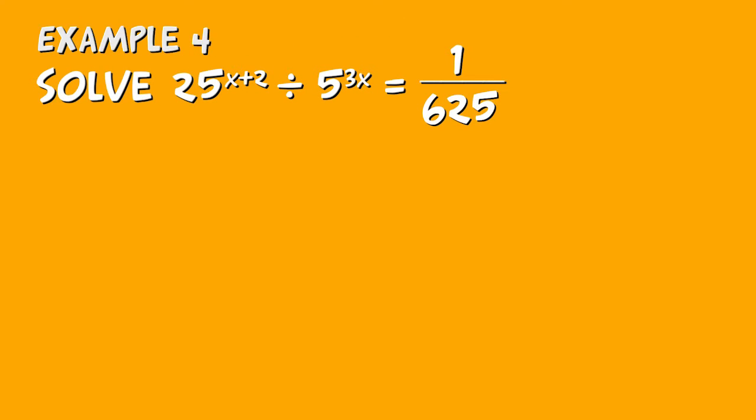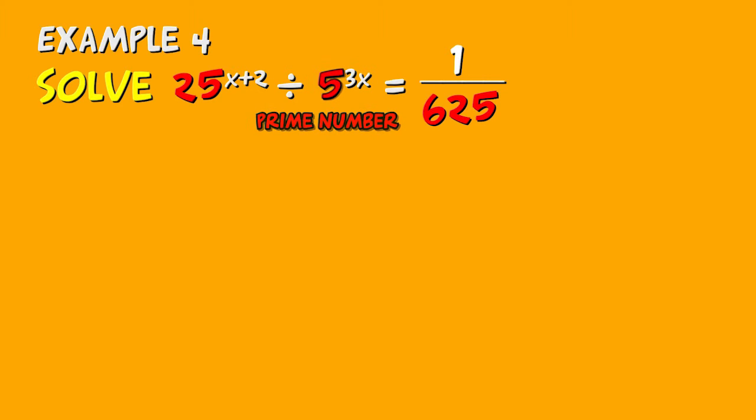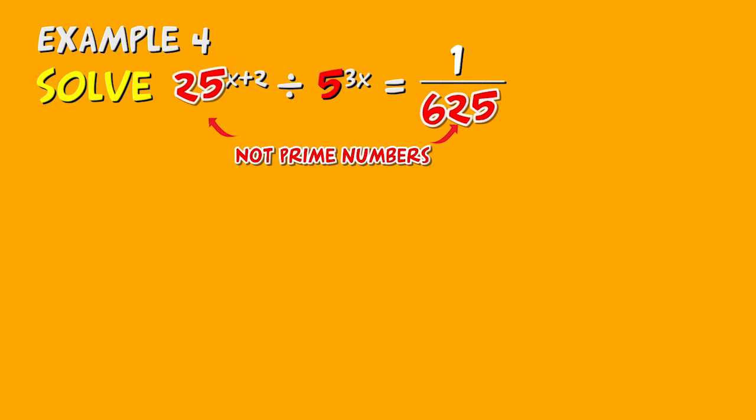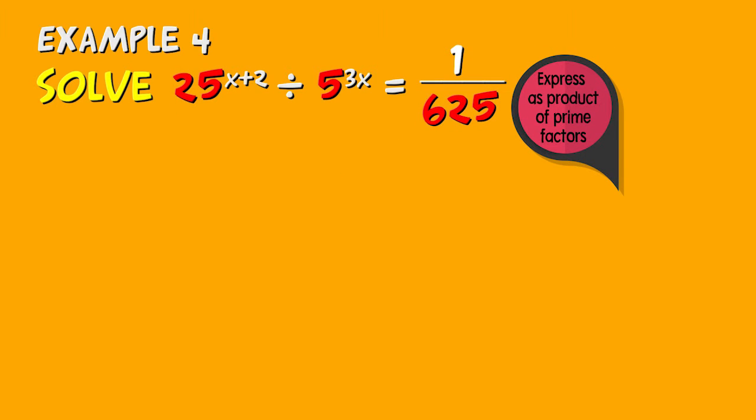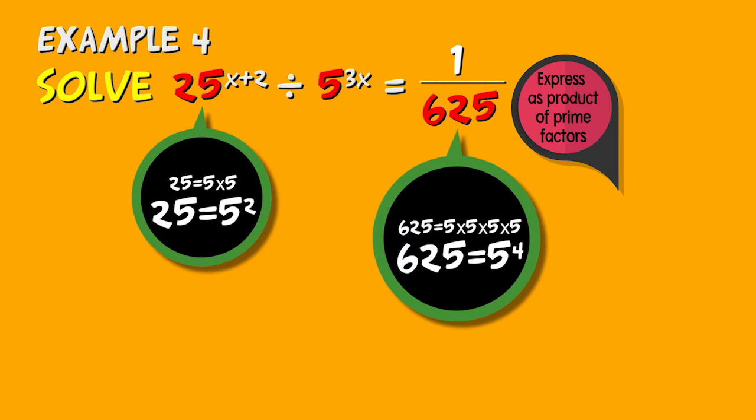Next, let's look at another example. Again, the bases are different, but we should try to make the bases the same. We know that 5 is a prime number, but both 25 and 625 are not. Thus, let's express 25 and 625 as a product of prime factors.